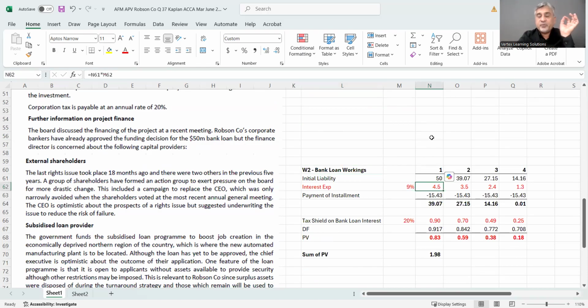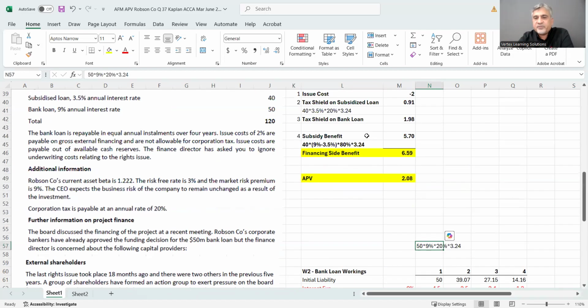If I did not have to return back money in 5 equal installments, you know how much I would have done? I would have said that 50 million here, this would be a one line calculation. 50 million loan multiplied by 9% interest, multiplied by 20% the tax, multiplied by the annuity factor of 3.24. That's all.